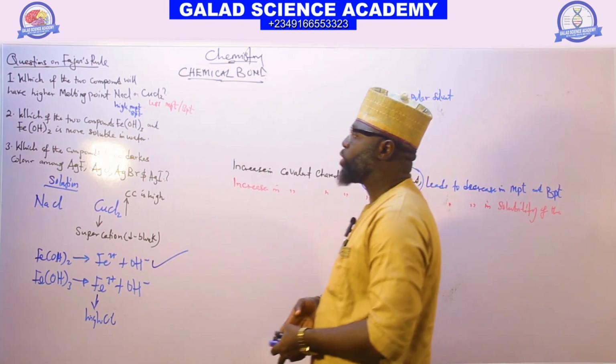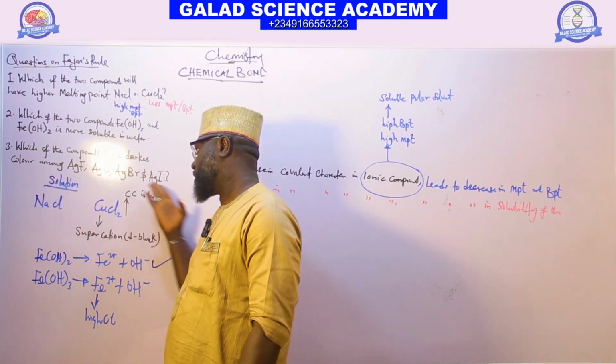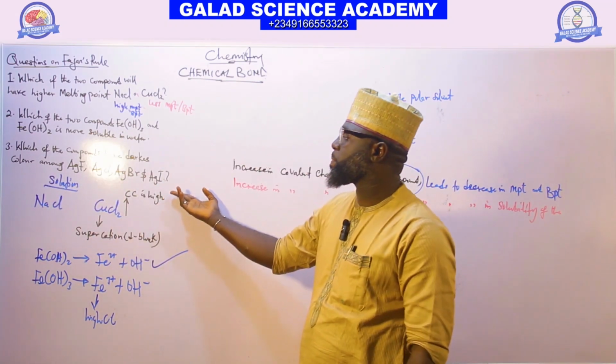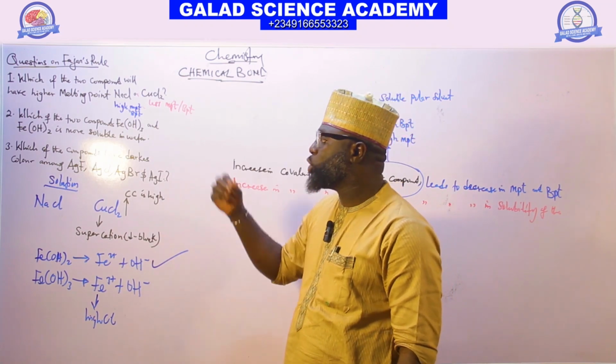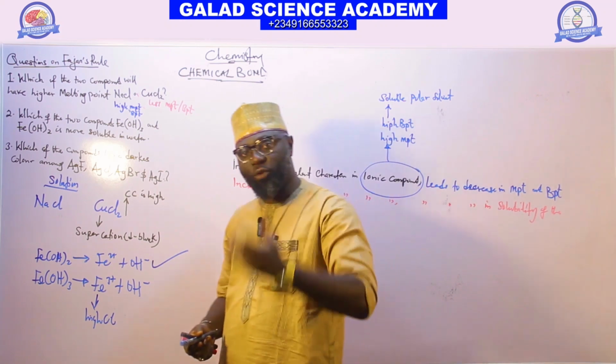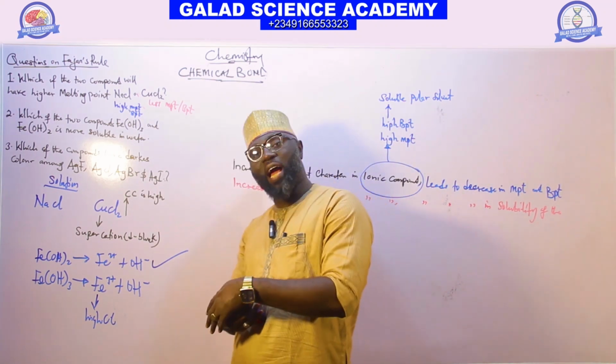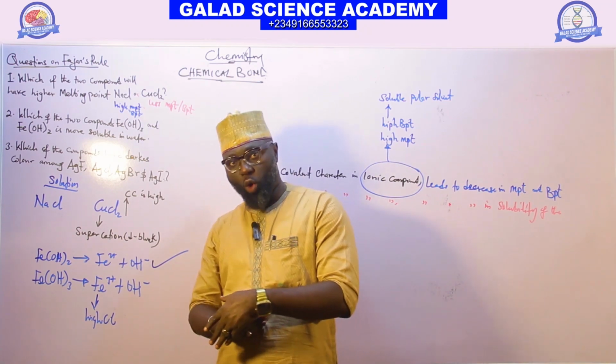And this one too. Which of the compounds has the darkest color among these? Yes, the unique feature of covalent character is that they have color.